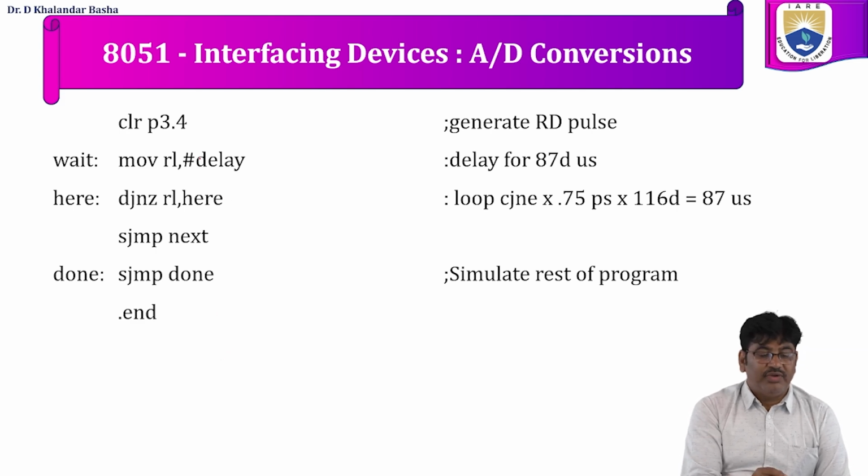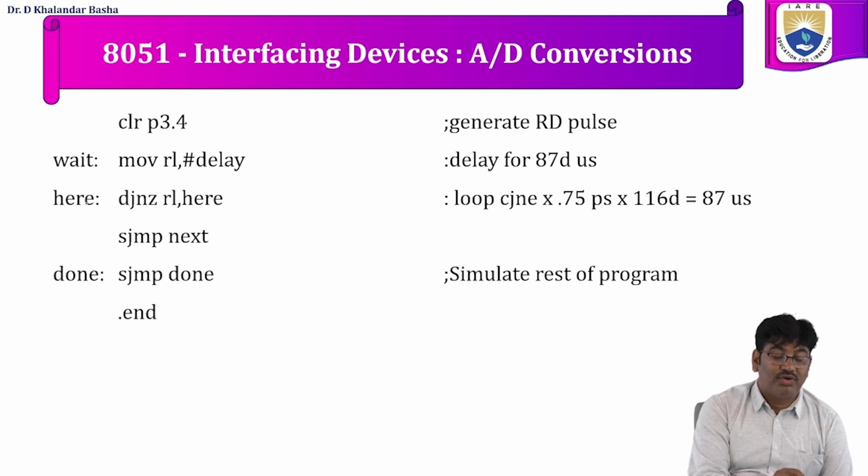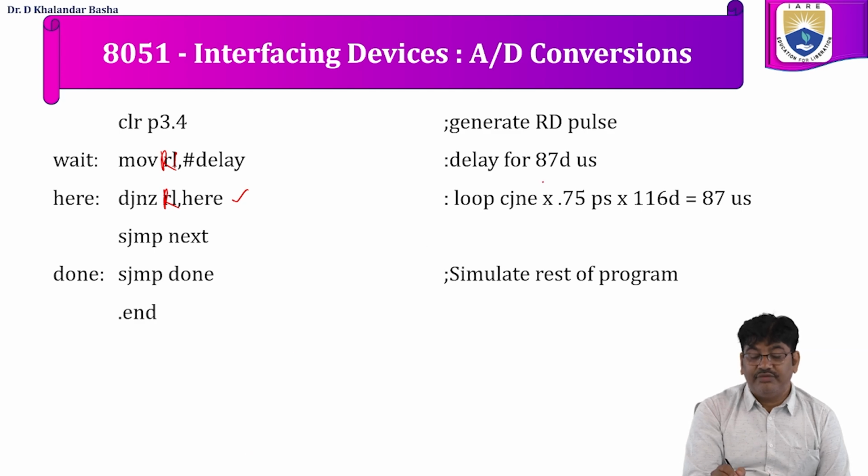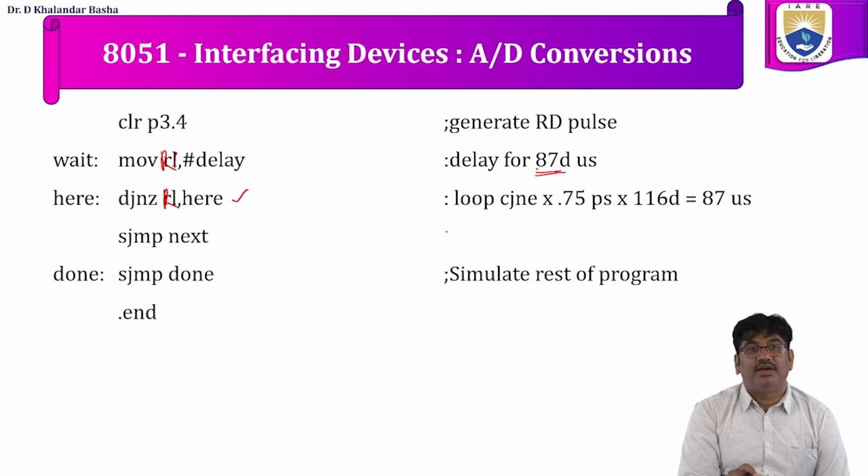In the wait, what we are doing is MOV R1, #DELAY. This is the delay program. Here DJNZ decrements the count every time. If it is non-zero, it jumps back to the same place. So this depends on the count which you have specified in the R1 register. The delay provided here is 87 microseconds.